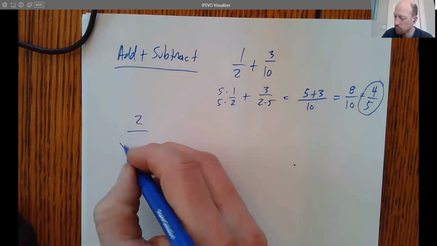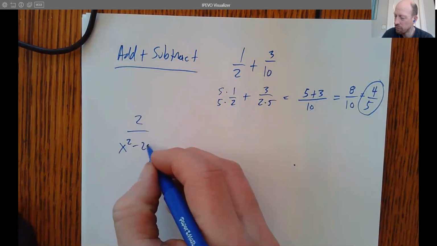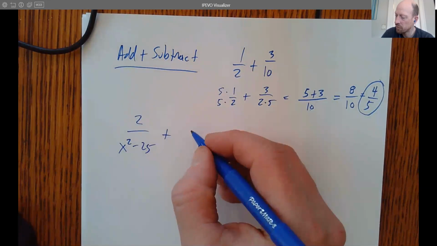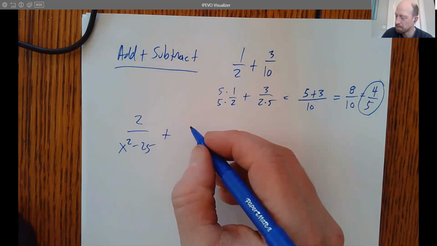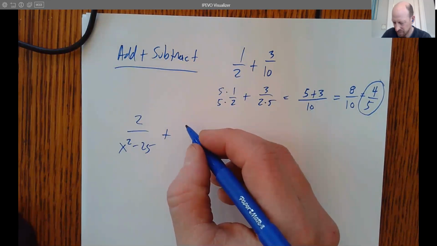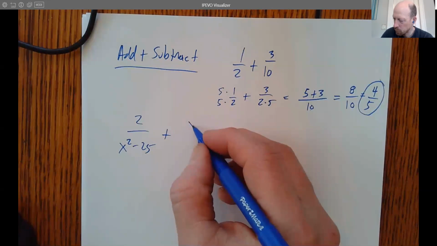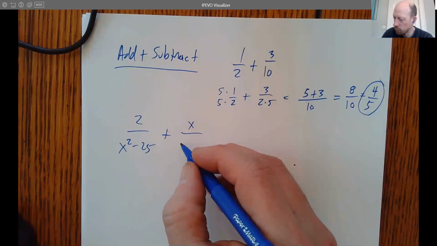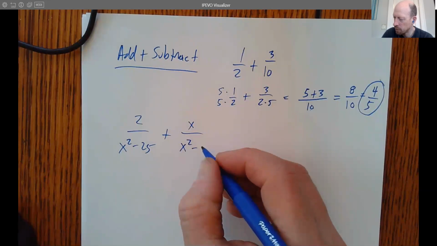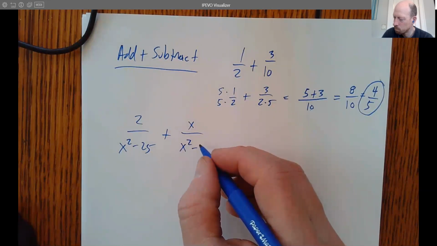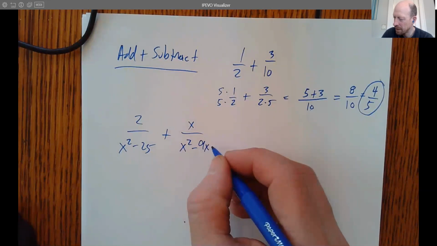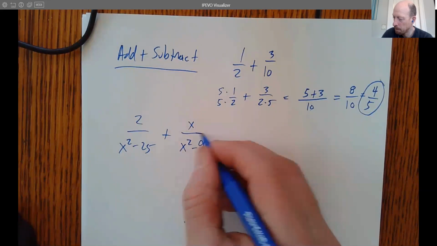Let's try 2 over x squared minus 25 plus x over x squared minus 9x plus 20.